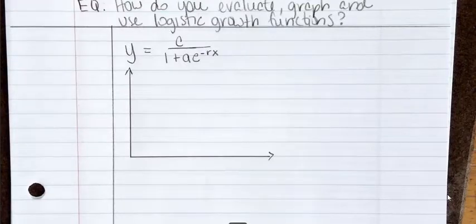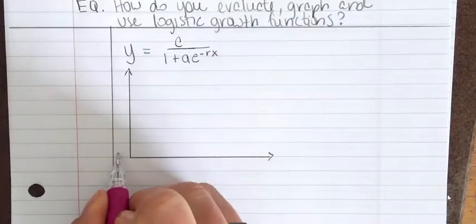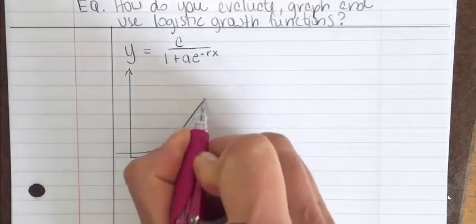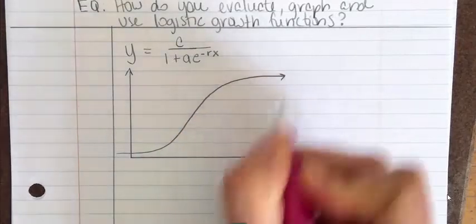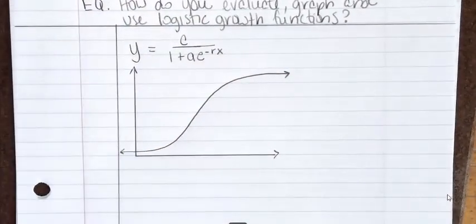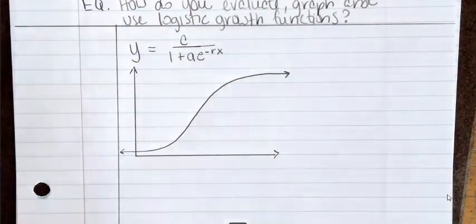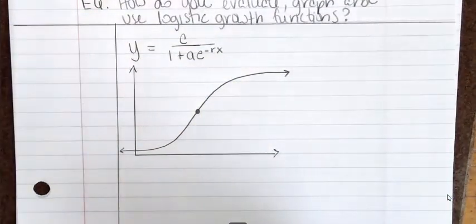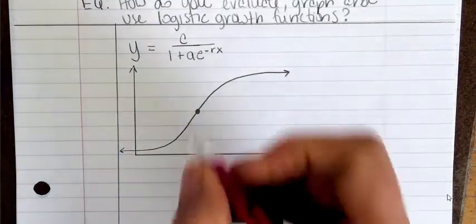They basically look like an S. So it looks something like this, where at some point you have this point of inflection, which we'll call a point of maximum growth.